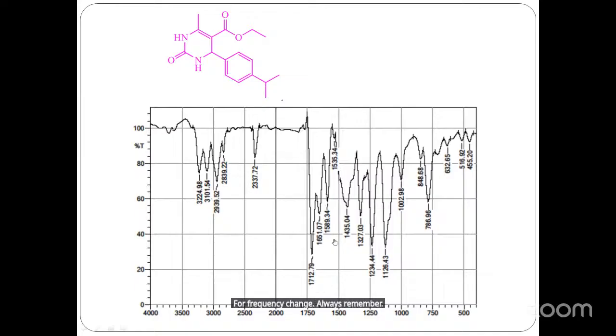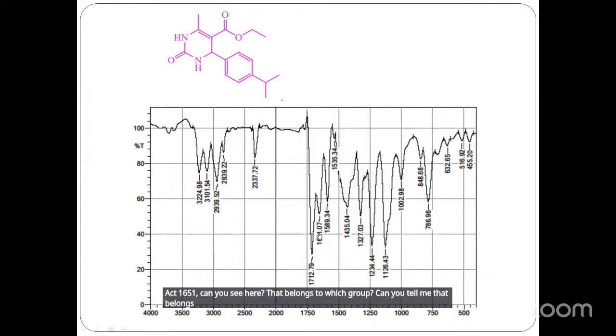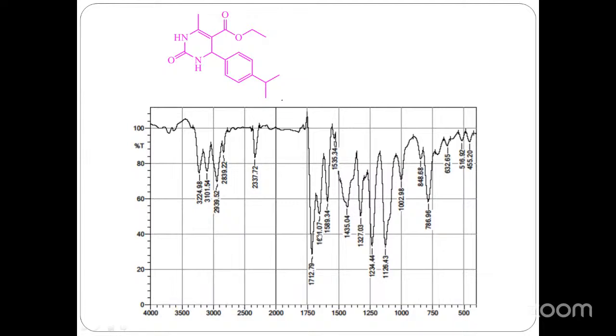Now we have another frequency at 1651. Can you see here? That belongs to which group? That belongs to the second carbonyl group, this carbonyl group. And as we discussed, amide carbonyls have a frequency close to 1680.